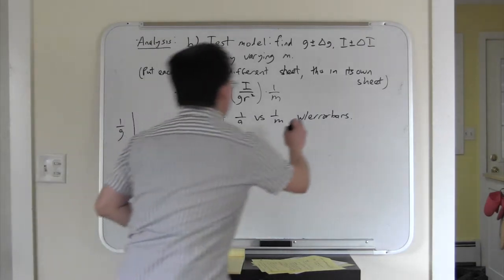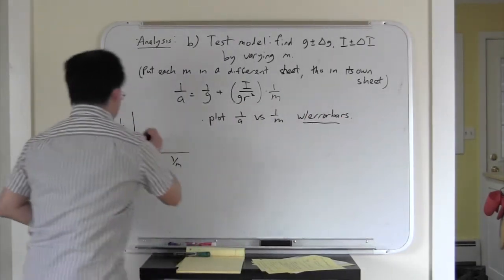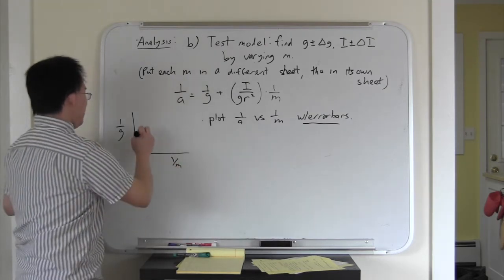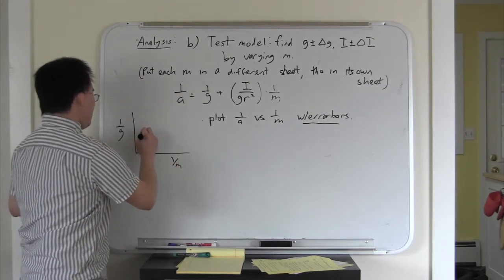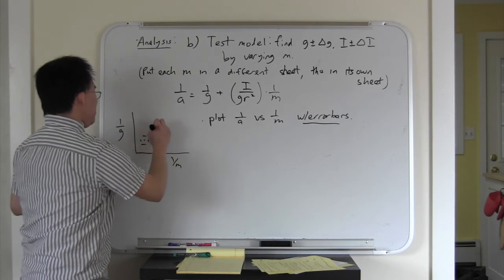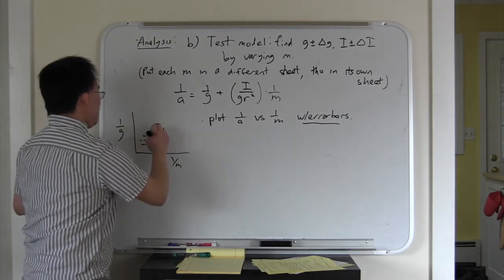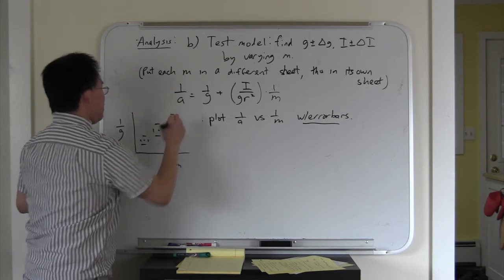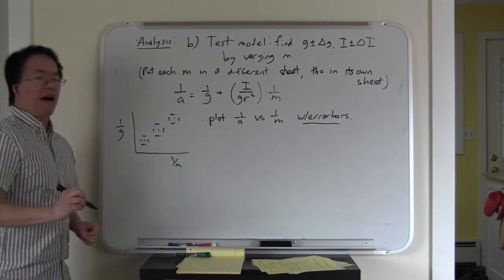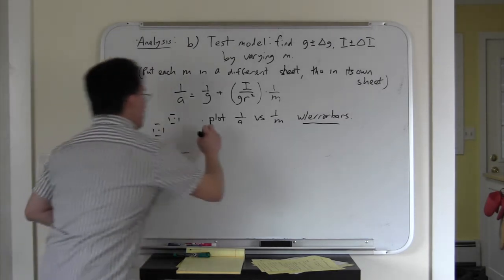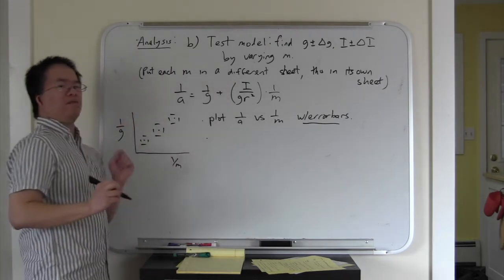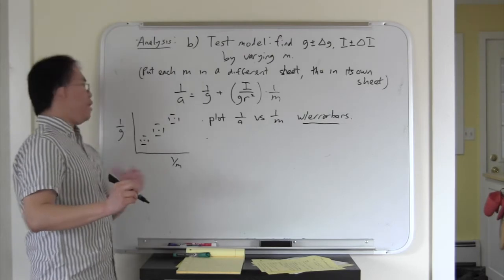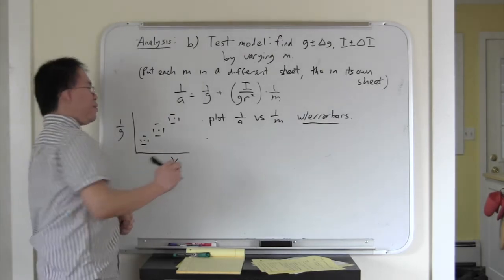So this is important. Let me try to draw a graph of this. We should have some error bars. Because we have error bars this time, you can't use the linest statistics to get the uncertainty in the slope and intercept.